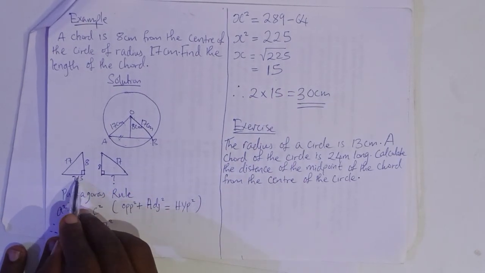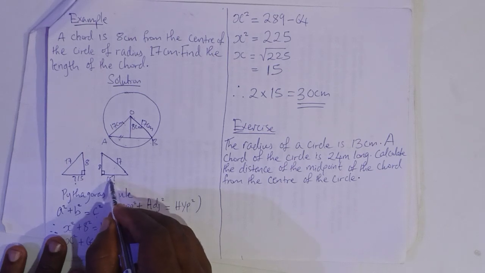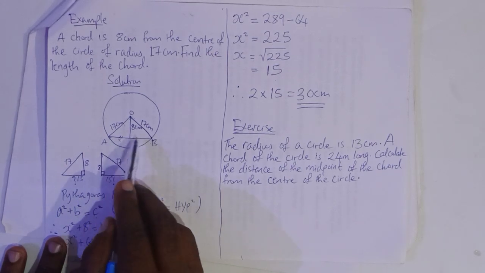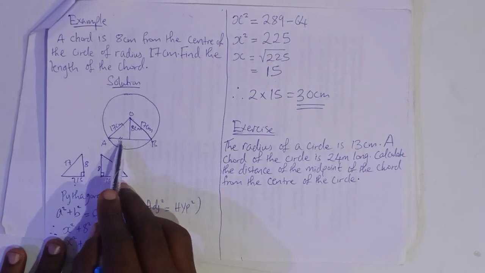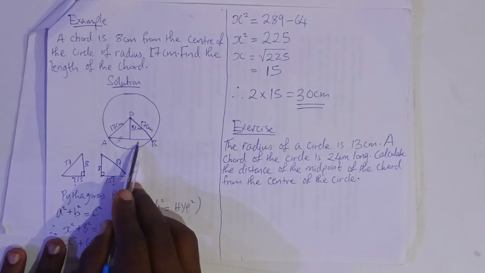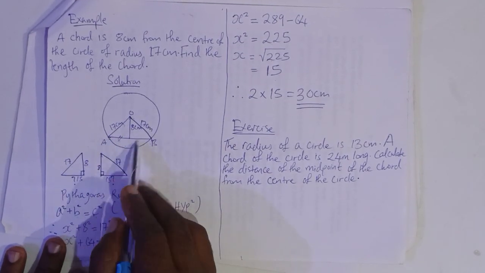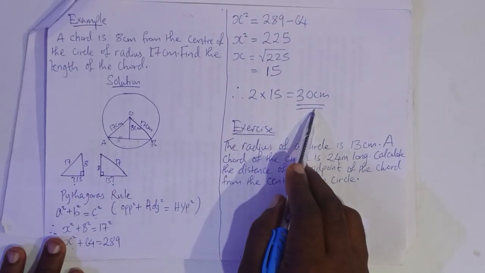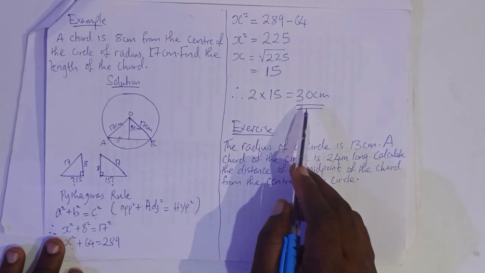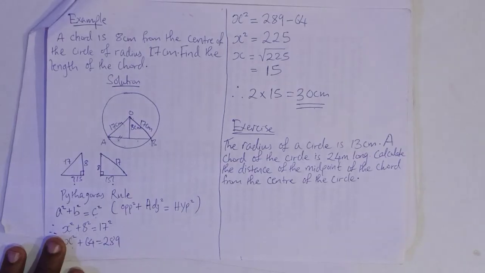If this side is 15, automatically this side must be 15. That means the length of this chord is simply 15 plus 15, which is 30, or 2 times 15, which gives us 30 centimeters. So the length of the chord is 30 centimeters.